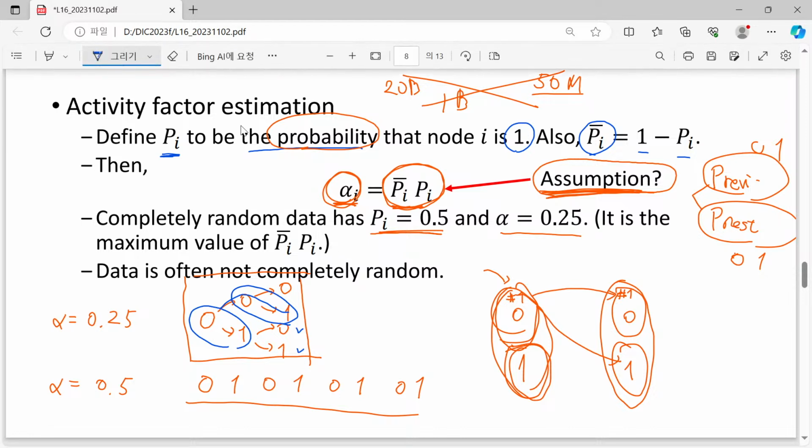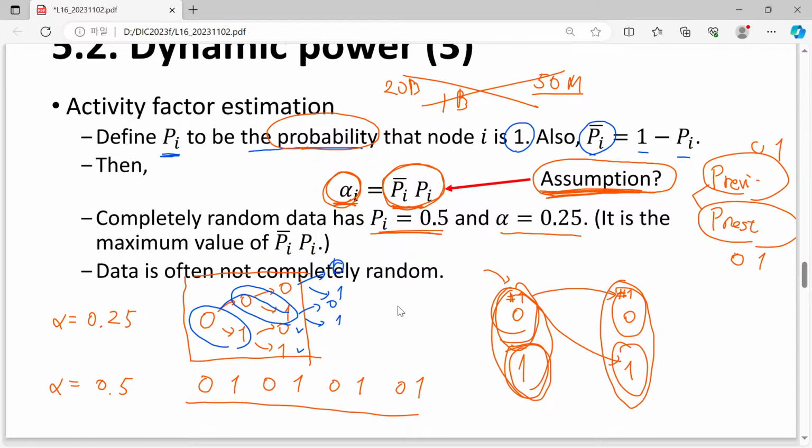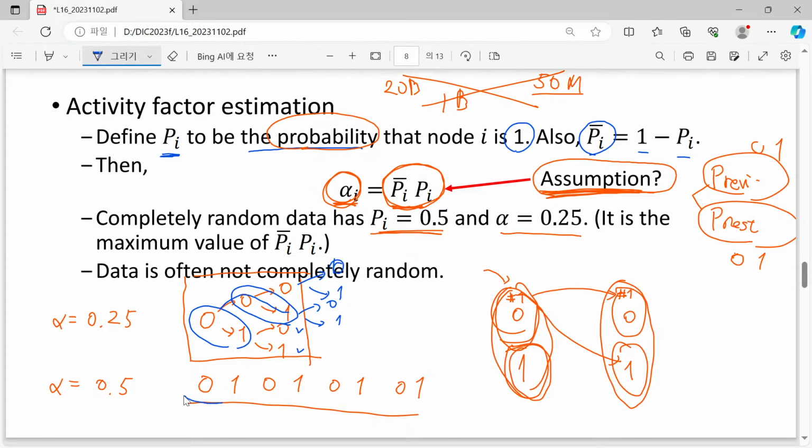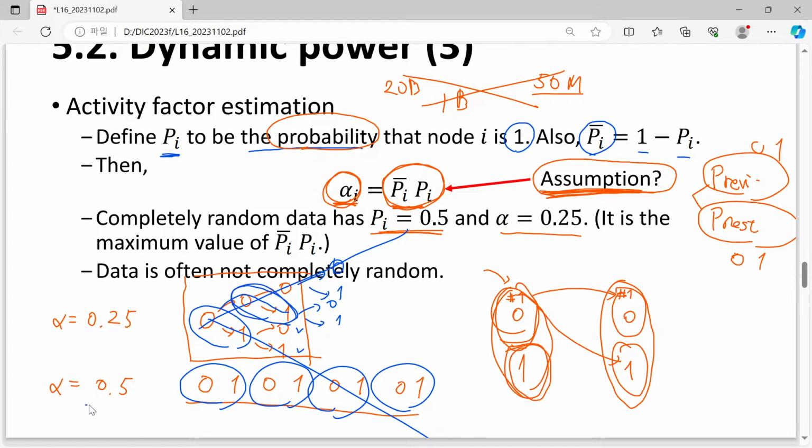So we can expect this kind of thing once again, 1 0 1 0 1 0 1. When you consider this, you can find that if we are concentrating on 0 to 1 transition, if we expand this tree more and more, then the probability to find 0 to 1 will decrease significantly compared with alpha equal to 0.5.